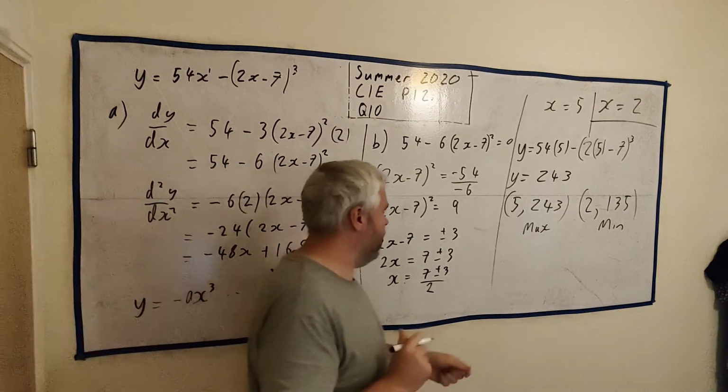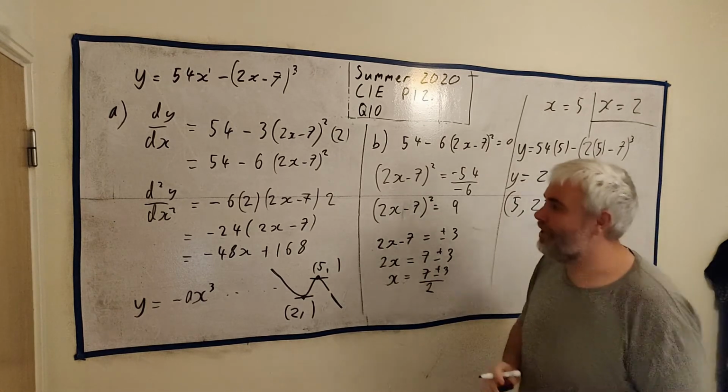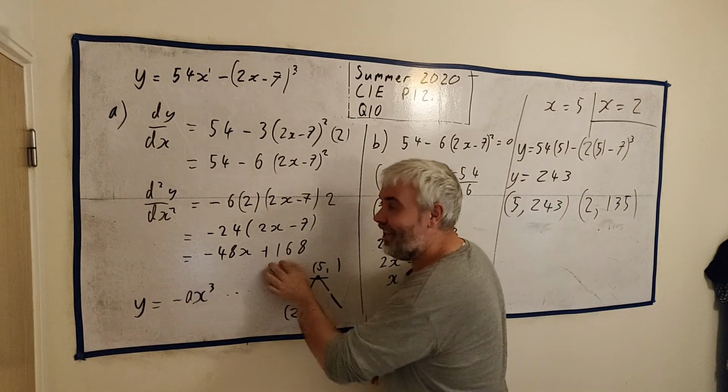That's not what they want you to do though, so let me rub that out. Let me just show you, in case you're worried, what they want you to do is use this line here.